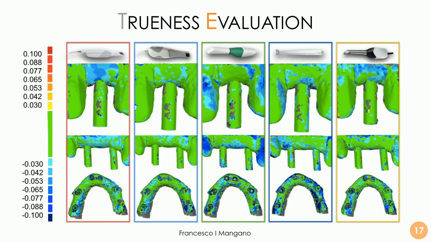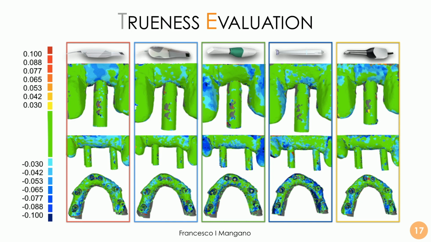And this was the trueness evaluation. As I told you in the previous lecture, trueness is the ability to match the actual value of the object measured, so it's a very important parameter. Green in this case was good, less than 30 micron of deviation in the different situations: the single, the bridge, and the full arch.